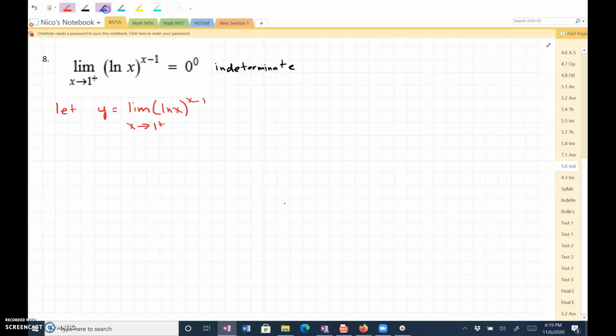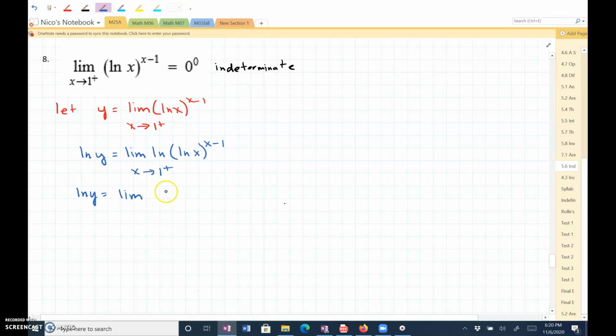Then what I'm going to do is take the natural log of y, and this limit, I'm going to take the natural log of x to the power of x minus 1 as x approaches 1 from the right. Then I'm going to apply the power rule.